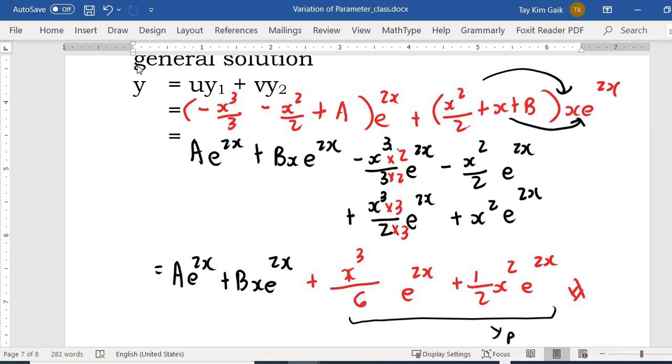This is the same as yp in the undetermined coefficients method. Then you just add it up with the yc from step 1 to identify your general solution. Any questions?